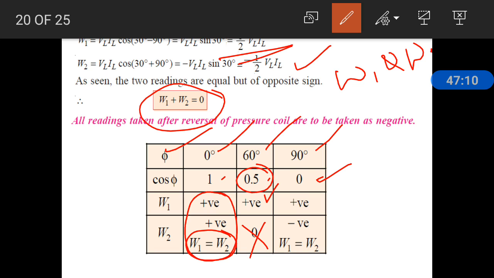And in the third condition, at 0 power factor, both give readings of equal magnitude, opposite sign. So W1 equal to W2 but opposite sign, W1 plus W2 is 0 in the third condition. So that is the conclusion of the variations in the power factor of the 2 wattmeter method.